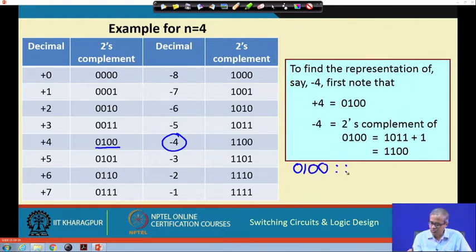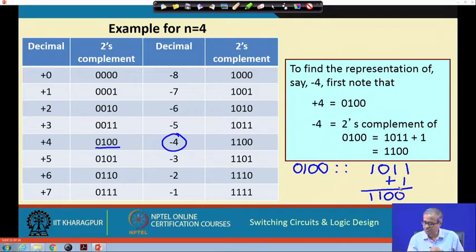You first take the 1's complement, which means you flip the bits: 1 0 1 1. 1 0 1 1 means what in decimal? 8 plus 2 plus 1, 11. You add 1 to it. We shall be talking about the rules of addition later. If you add 1 to it, it will become 12, and 12 is 1 1 0 0. So, 1 1 0 0 will be the representation of minus 4.